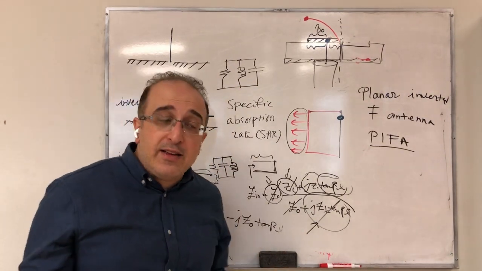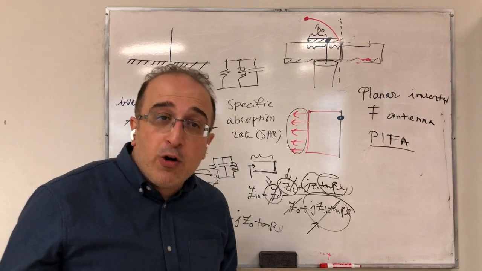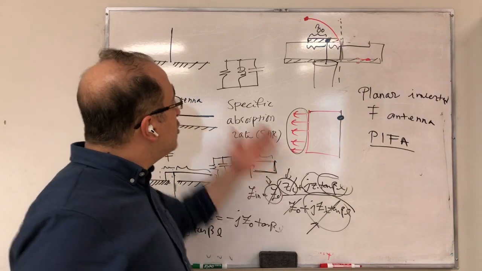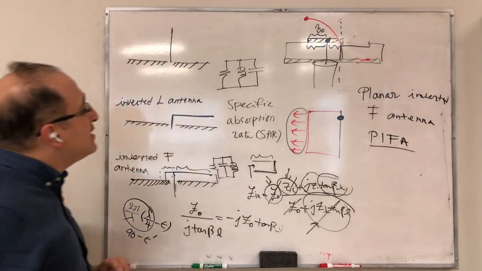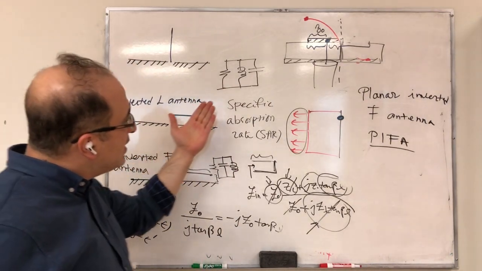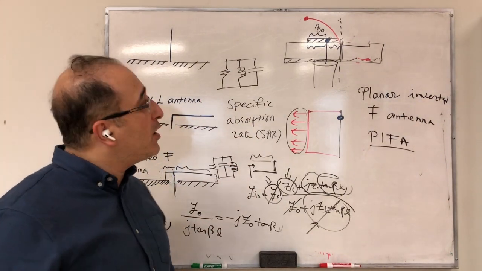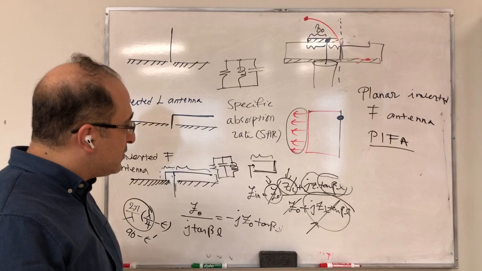Resistance could be your radiation resistance, or your losses within the antenna. So this RLC that we had in circuit courses is also applicable to more complicated structures such as antennas.